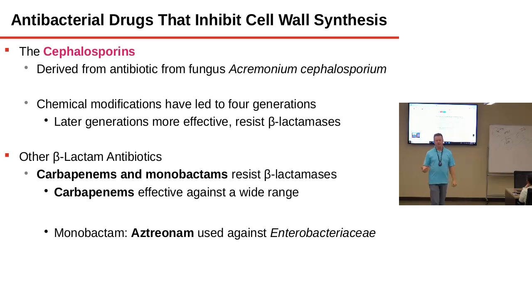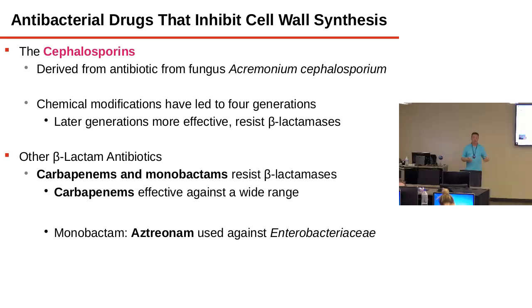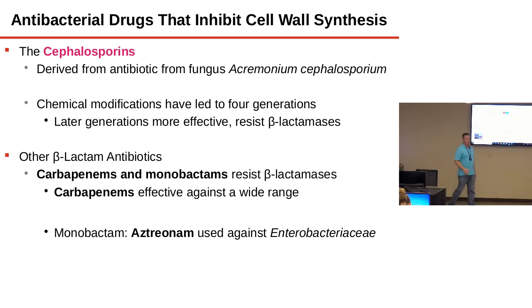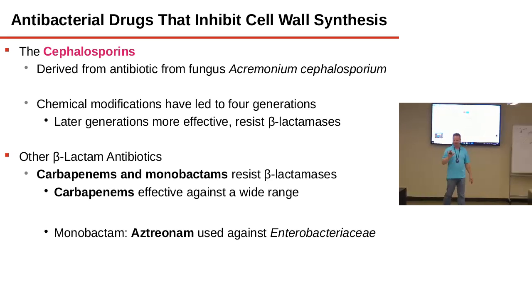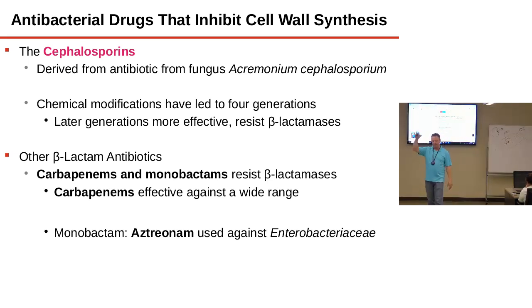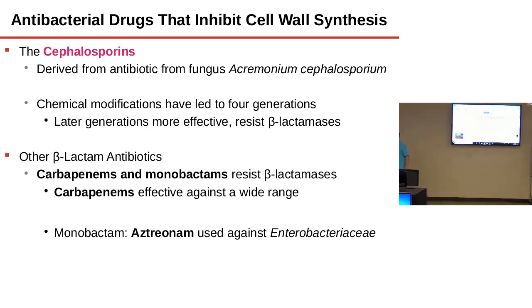Well, we may have to go straight to vancomycin, put the IV straight into their artery, and hopefully try to wipe it out. But if you come in, you're just feeling a little sick, or it's a minor infection, we don't want to go straight to 3rd gens. We want to go to 1st, then move up to 2nd, move up to 3rd, if that is the way that we can go. So here, the later generations are more effective, resistant against beta-lactamases, but they may have toxicity issues. So we always got to think about all these things.